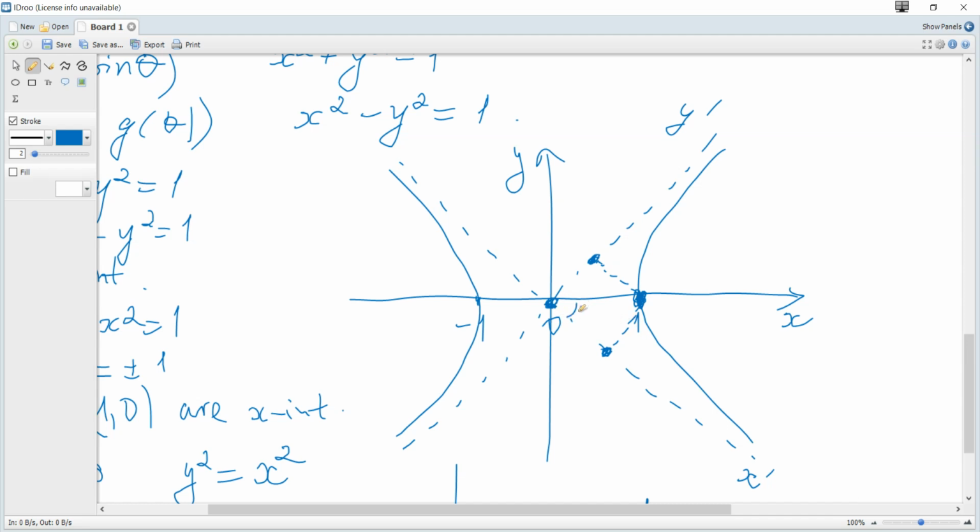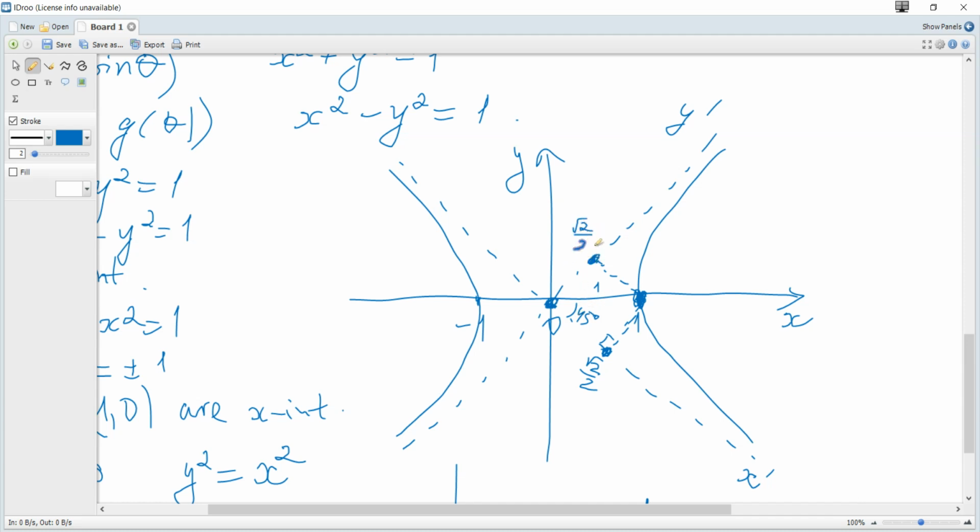Since it's 45 degrees and this distance is 1, it's a right angle triangle, hypotenuse is 1 and we need the adjacent leg, it's 1 cosine 45, so root 2 over 2, and this is also root 2 over 2 because it's 1 sine 45 degrees.